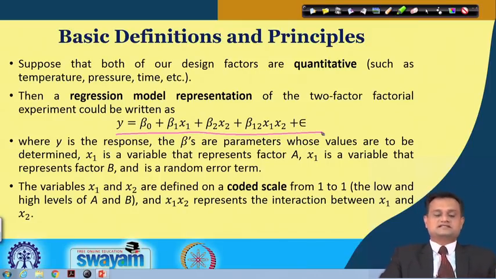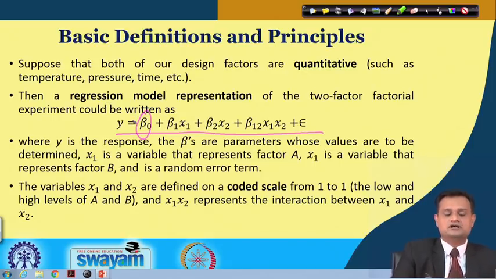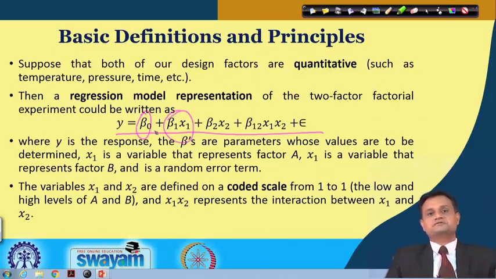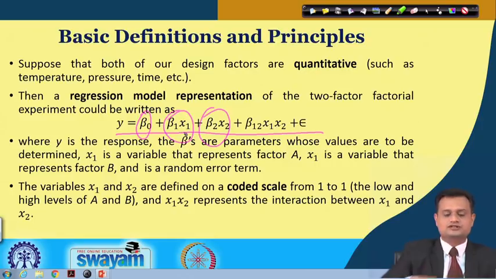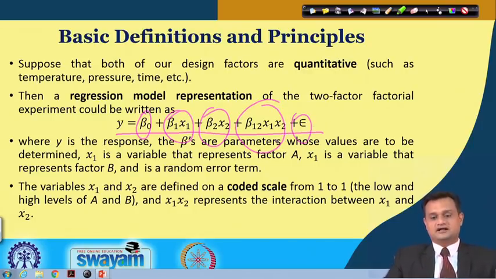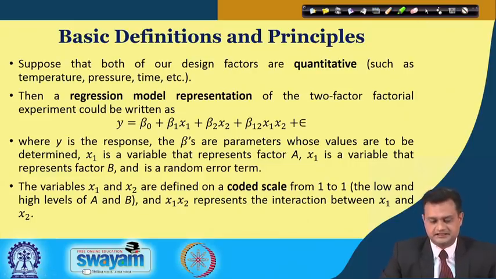Y is equal to beta 0, that is the intercept, beta 1 x1 that captures the main effect, beta 2 x2 that captures the other factor's main effect, beta 12 x1 x2, and epsilon, that is your error component. So this is how my model will look.